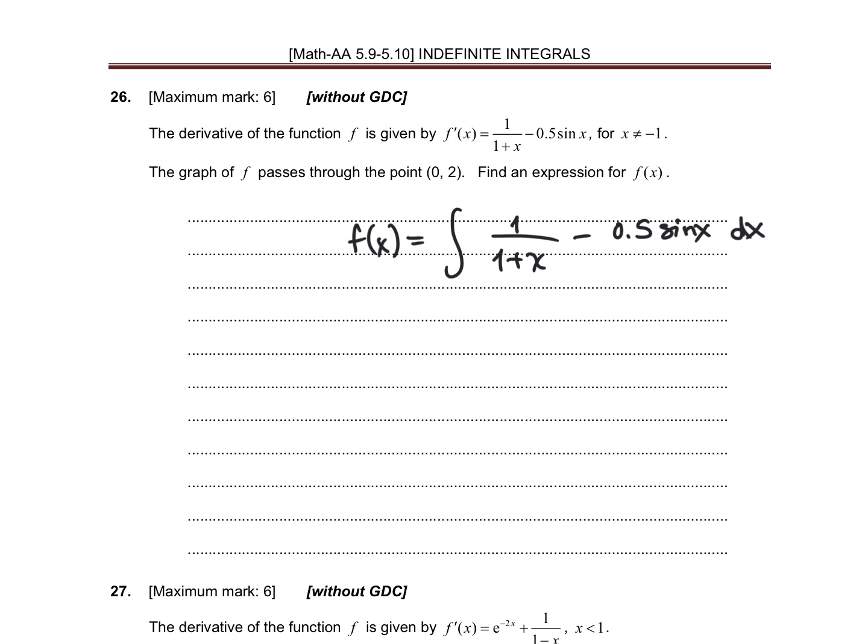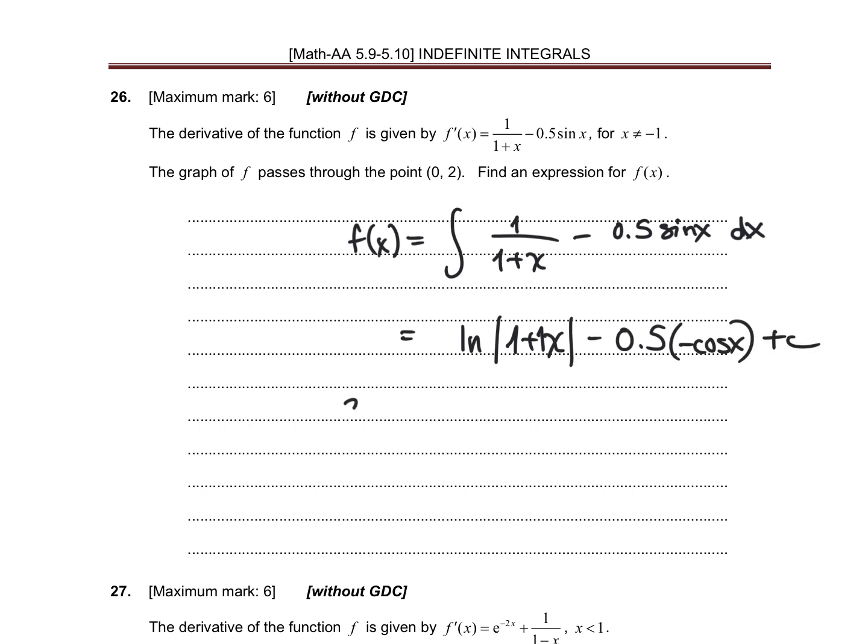Okay, so this is going to be natural log 1 plus x, and we would divide by the derivative of the inside thing, but it's just a 1 here, okay? So then we have minus 0.5, and we've got negative cosine x here plus c.